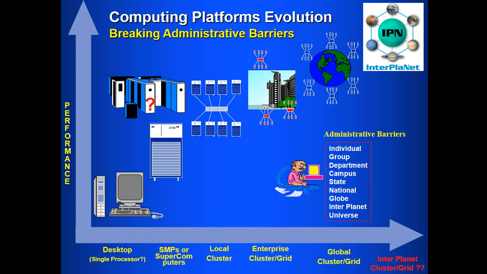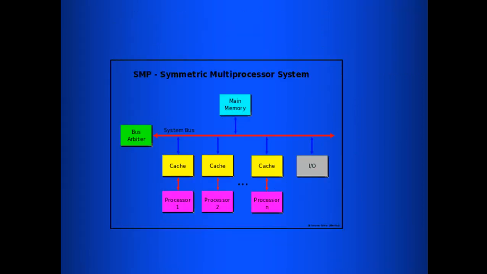SMP, or symmetric multiprocessors, offer higher performance than desktops. SMP involves a multiprocessor computer hardware and software architecture where two or more identical processors are connected to a single shared main memory. You can see this architecture in these slides.